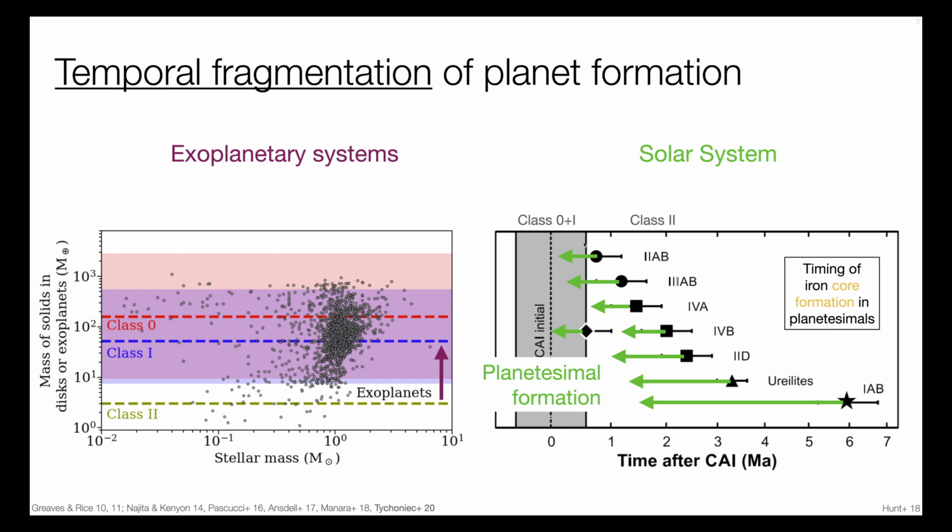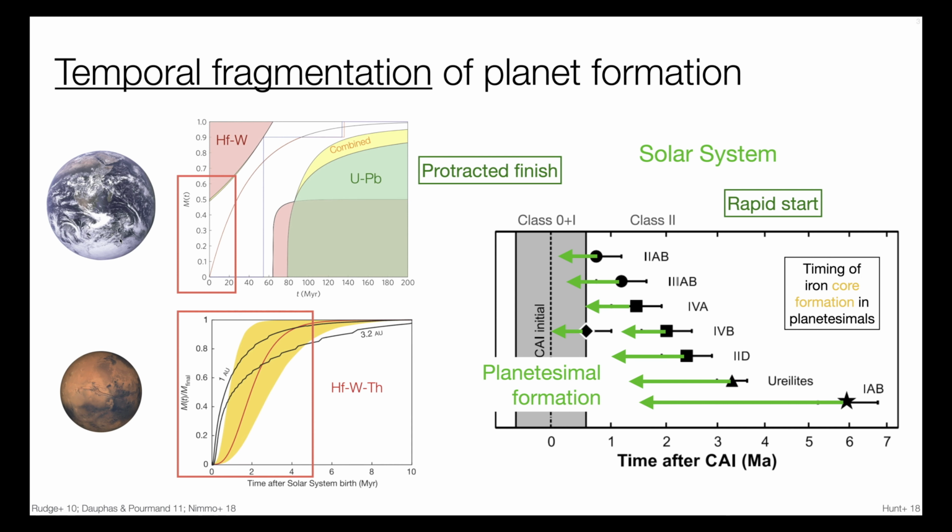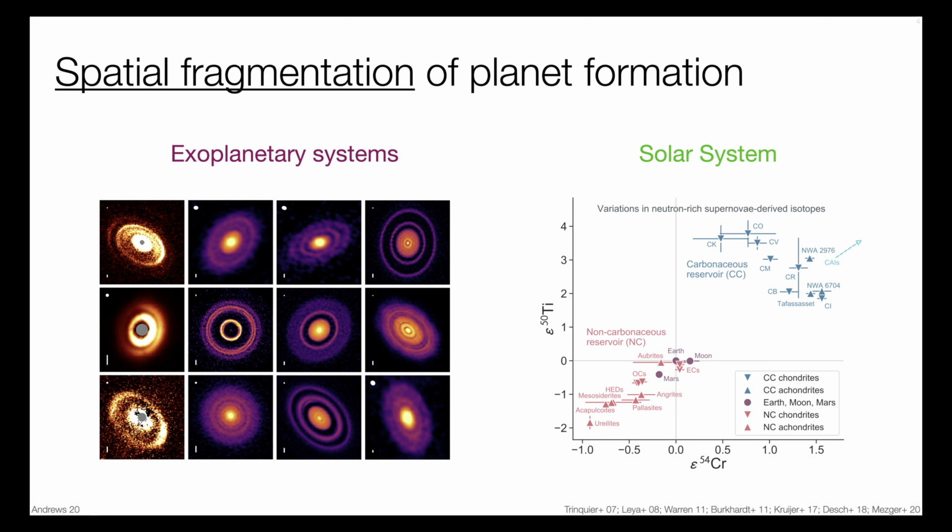From radiometric dating, we have additional evidence for protracted finish of the accretion process for Earth and Mars, showing that the proto-Earth likely accreted over several tens of millions of years, much longer than the accretion disk lived. In addition to this temporal information, we have evidence about the spatial fragmentation of the planet formation process.